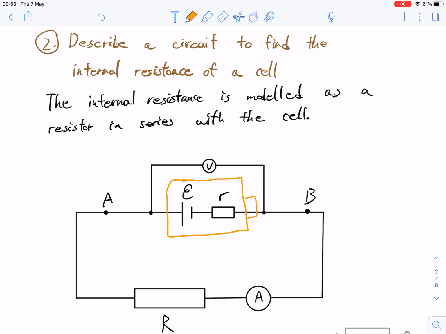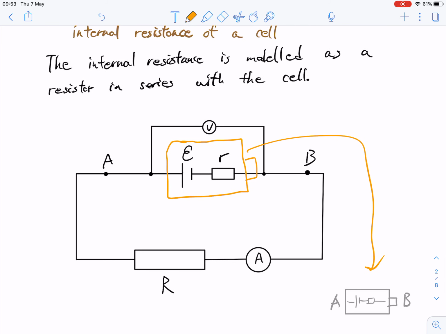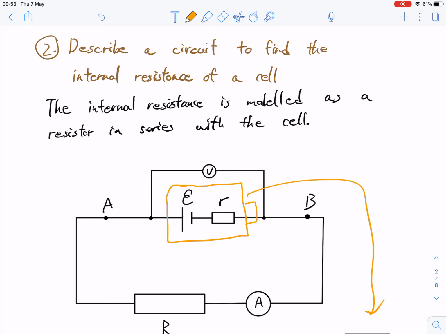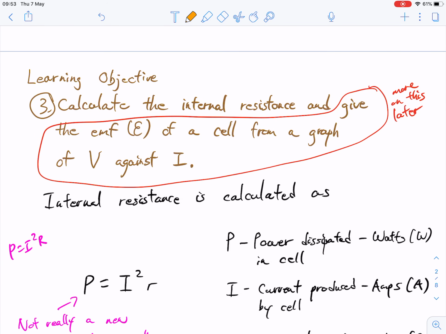And I've got a little diagram down here of our battery, our terminals, so our negative and our positive ends are the A and B ends. That's why this diagram looks the way it is. So we were looking at what that looks like in terms of the circuit diagram.